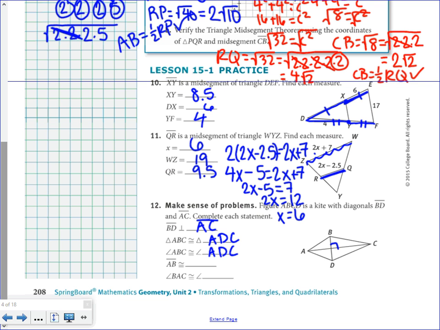That also means that AB and AD are congruent side lengths because they're adjacent and congruent. And then that also means that angle BAC is going to be congruent to angle DAC. That's using your properties of your kites. So hopefully that helps you a little bit with understanding your kites and triangle midsegments, dealing with activity 15.1.